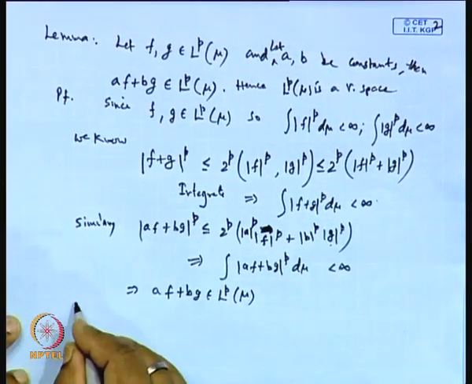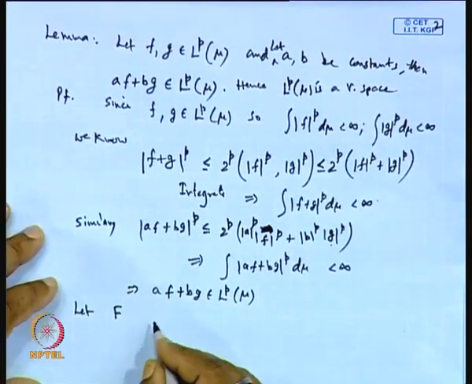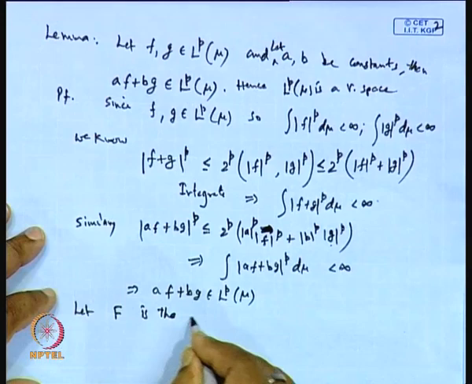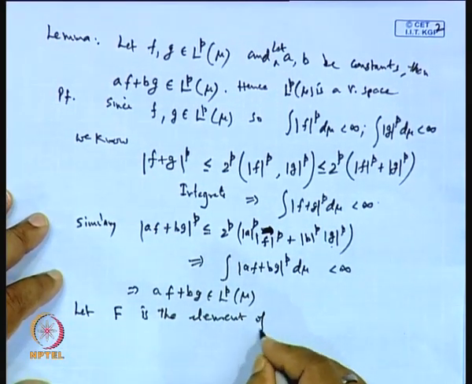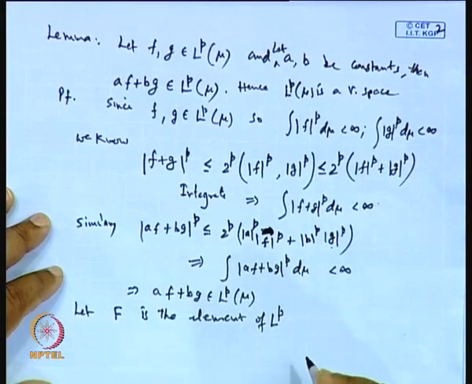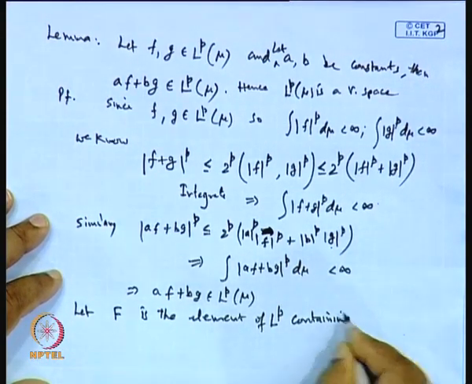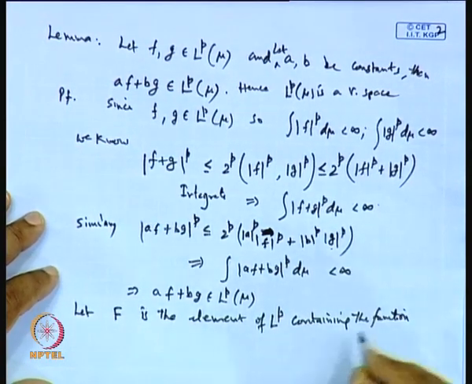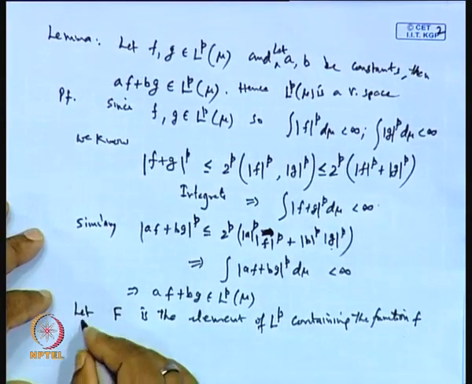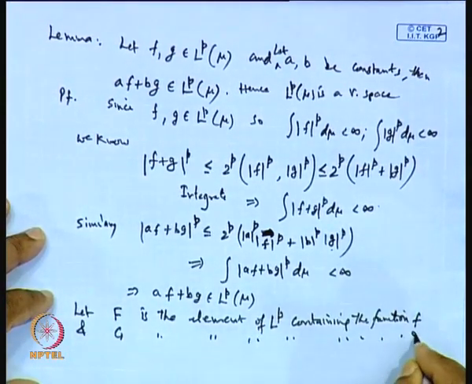Now, what we said is that L^p is the collection of the classes. So, let us take capital F as the element of capital L^p containing the function f, and capital G as the element of L^p containing the function g.